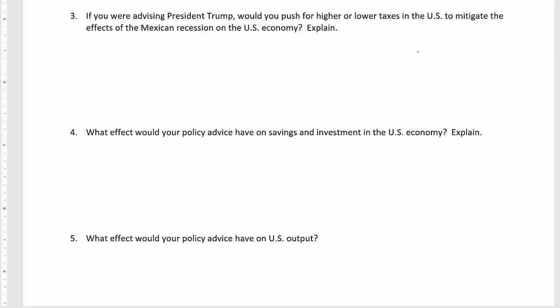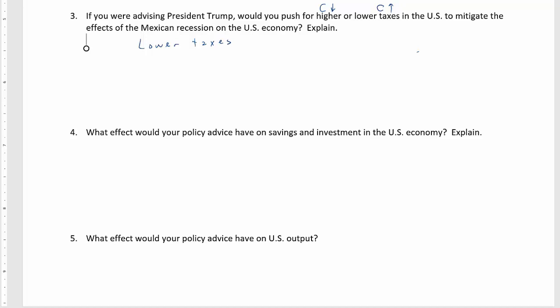So higher taxes would result in less consumption spending. Whereas lower taxes would increase my purchasing power, and so consumption spending would go up. So if I wanted to mitigate the effects of the Mexican recession on the U.S. economy, I would want to lower taxes.